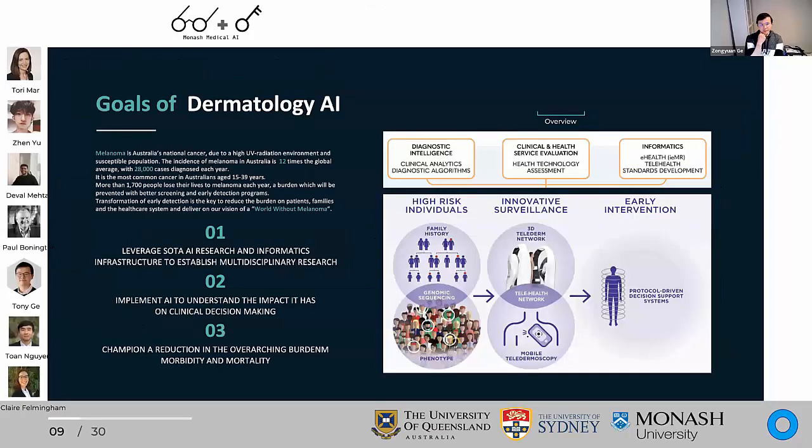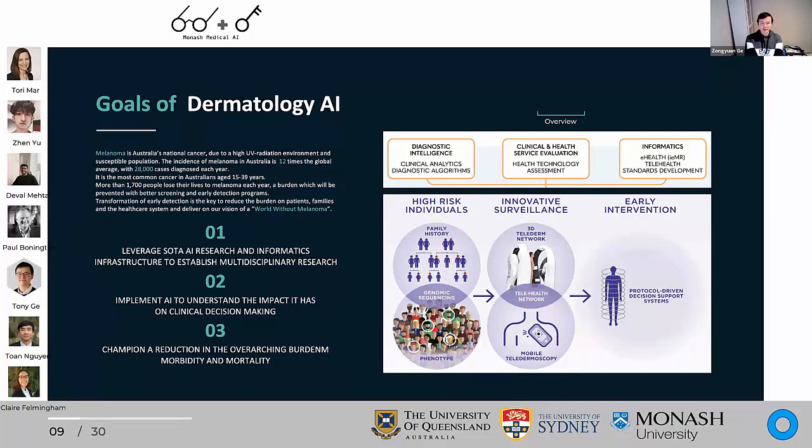In order to achieve that, we have 3 milestones we want to reach in the next 5 to 10 years. From the left-hand side, milestone 1 is to leverage state-of-the-art AI technology research and informatics infrastructure to establish multidisciplinary research, combining a hybrid team of clinicians and technology scientists, applying AI technologies to see what we can achieve, what the edge of the technology is. The second part is, once we have a very good lab model developed, getting it into the pipeline is very important.